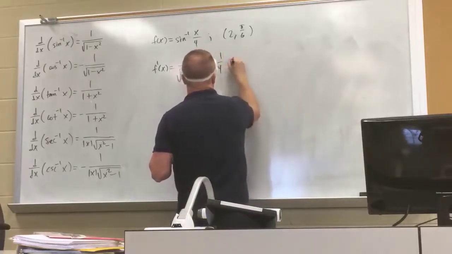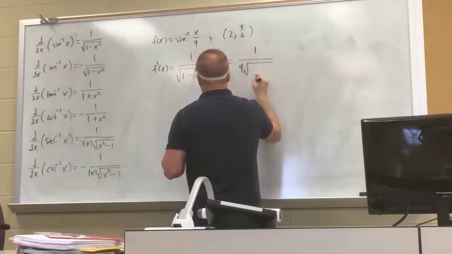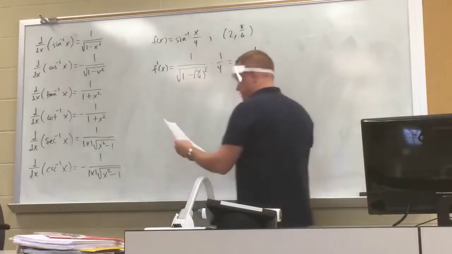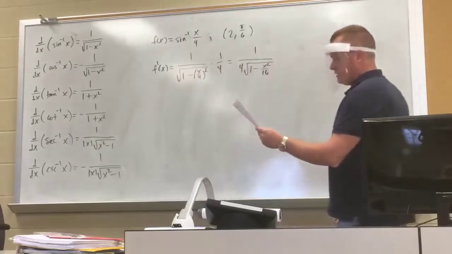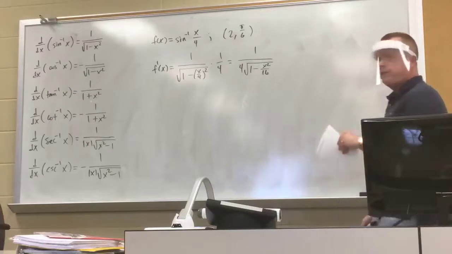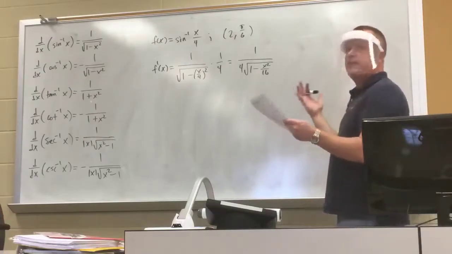Okay, so 1 over 4 times the square root of 1 minus x squared over 16. And I wouldn't do anything else to that. Really no need to, okay?